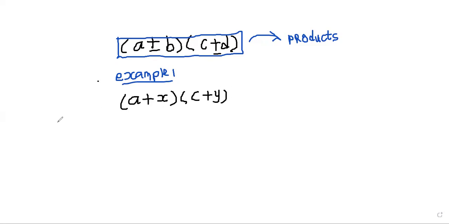Here we're going to apply the FOIL method. The FOIL method says that you multiply the first two terms, a times c. We all know that we're going to get ac.